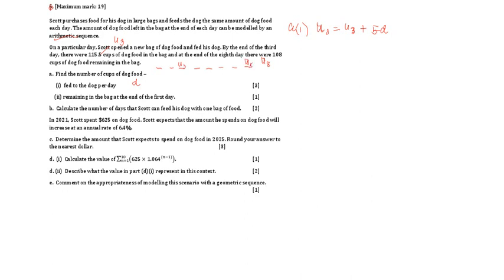From U sub 3 to U sub 8, there are 6 terms. So that's our n. So n minus 1, 6 minus 1, is equal to 5.